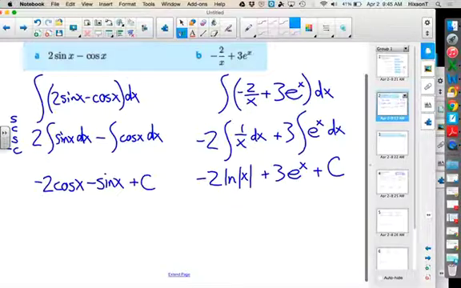Okay, so now, that makes sense. The integral of sine is negative cosine. Right. The integral of cosine is sine.